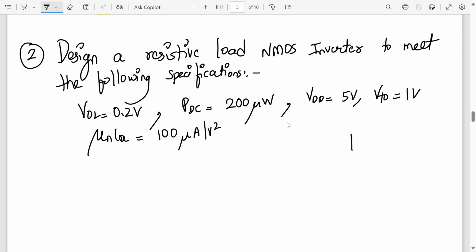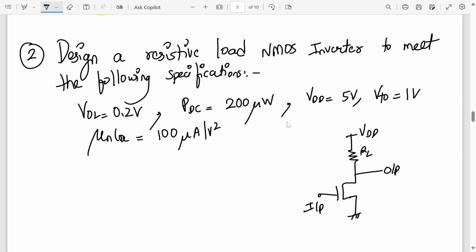Let's draw it quickly. Resistive load NMOS inverter. Drawing the 3 terminal symbol. Here we have the input and here we consider the output. This is VDD. This is gate, drain, source. They are saying that we have to design a resistive load NMOS inverter. That means what?